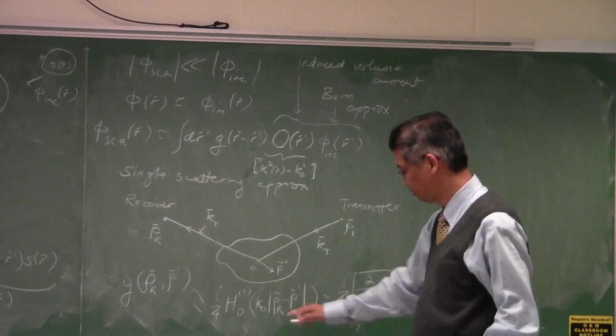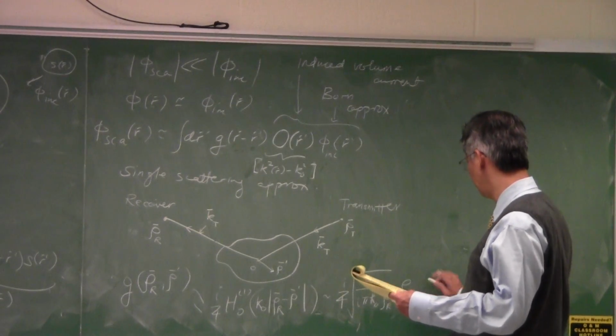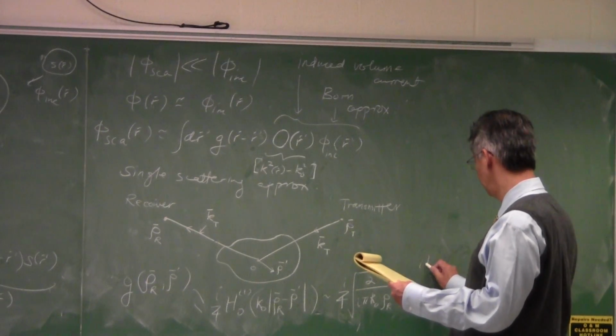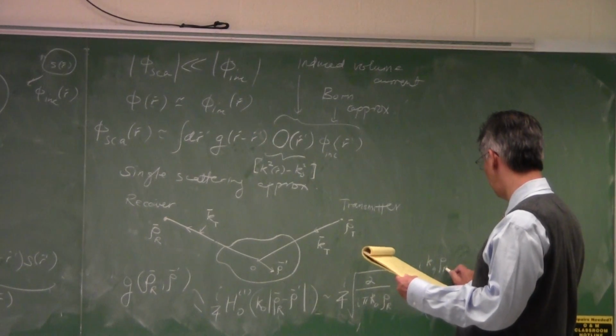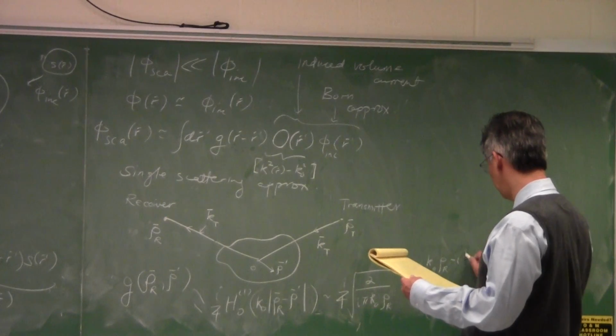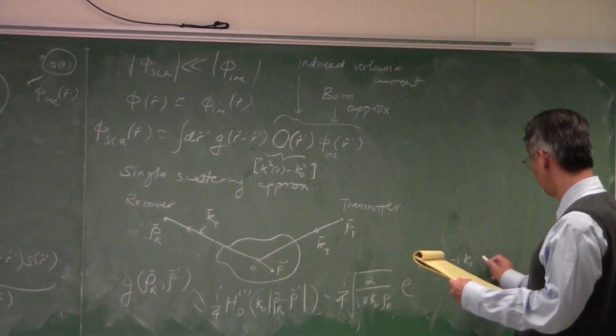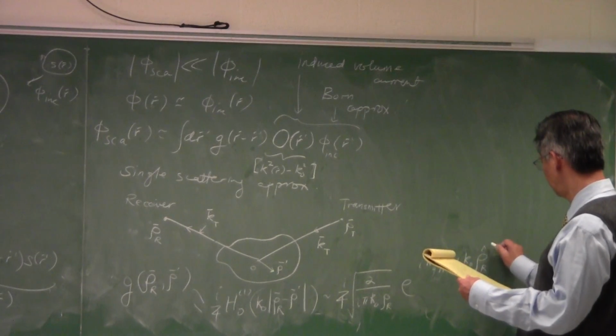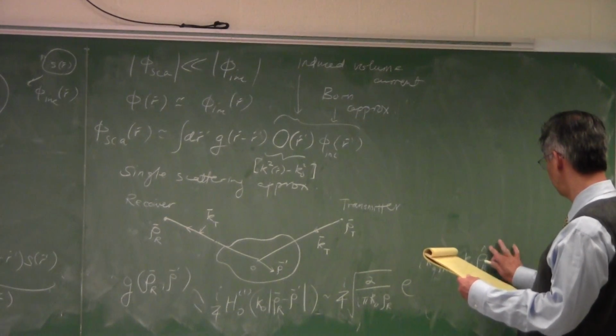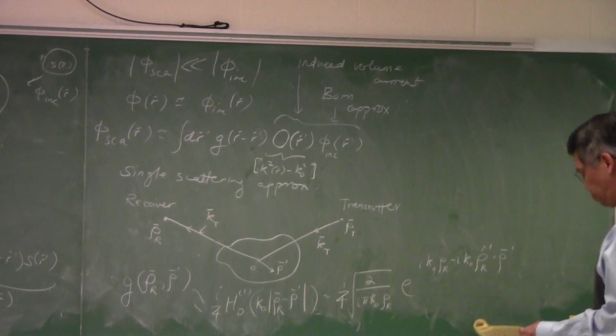Okay, rho r being the magnitude of rho, and then with the correct phase factor, e to the i k0 rho r minus i k naught rho r. So rho prime should go here.